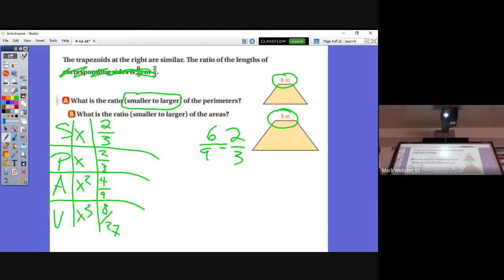All of my information is now here. So now all I have to do from here is just answer the question. So what's the ratio of the perimeters? Well, let's look. Perimeter, right here, 2/3. What's the ratio of the areas? Right here. 4/9. Ta-da!